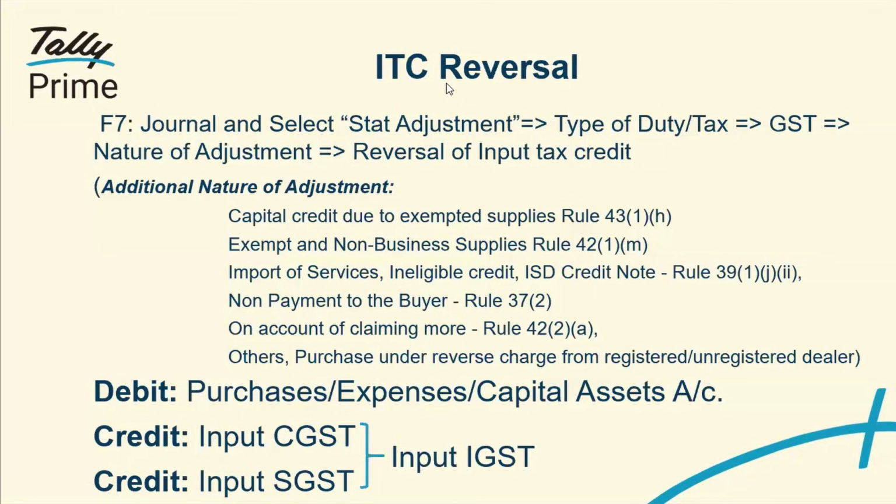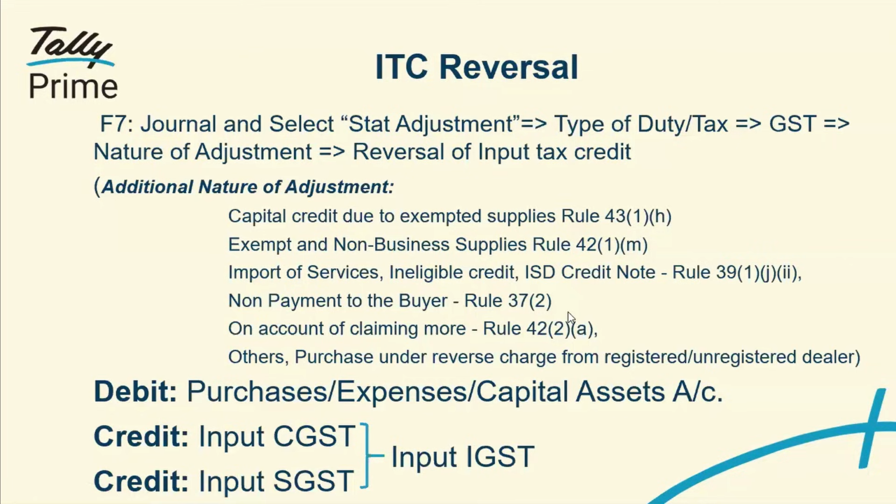So since I debited the tax ledger at the time of availing, at the time of reversal I need to credit the tax ledger, and debit the respective expenses and purchases account. So this is how my ITC reversals have been taken care of. By putting this entry under this category, it will take you to the respective disclosure requirement of the monthly return as well as the annual return.